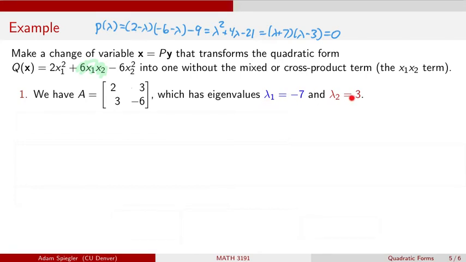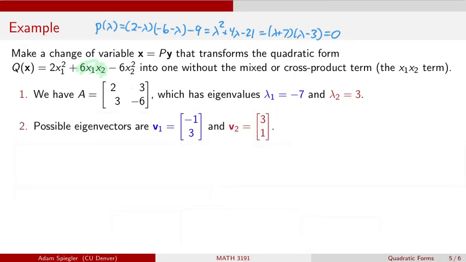So we first find the eigenvalues, and now we're going to identify an eigenvector for each of those eigenvalues. For example, working with the eigenvalue lambda 2 equal to 3, we can subtract 3 from each of these diagonal entries, giving me a minus 1 and a minus 9 here.